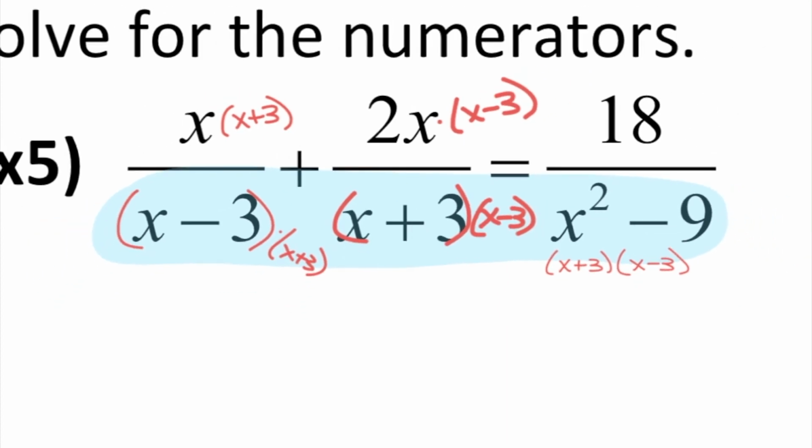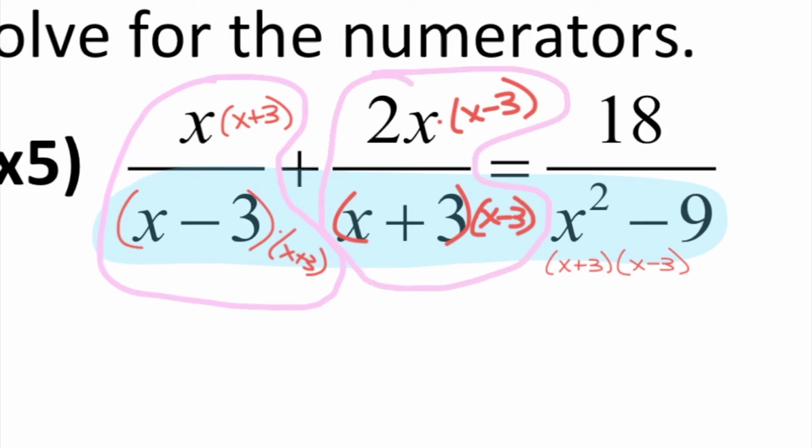And now if you think about separating all three fractions here, this fraction has the least common denominator, this fraction has the least common denominator, and this fraction already had that least common denominator. So they all have x plus 3 times x minus 3 as the common denominator. And now you're just going to get rid of the denominators and you're going to solve the numerators.